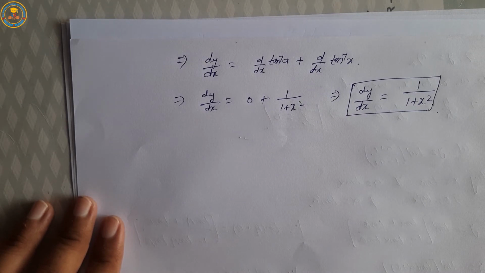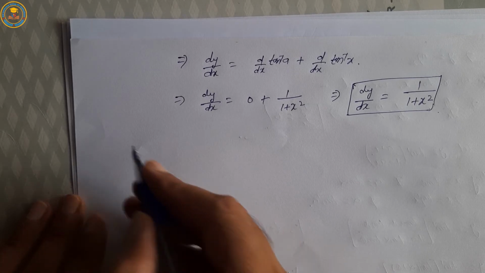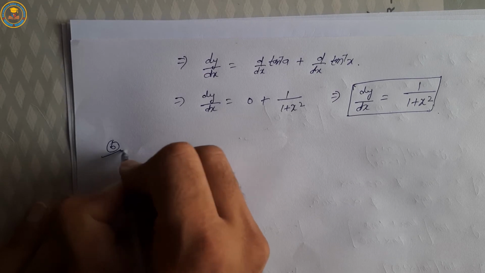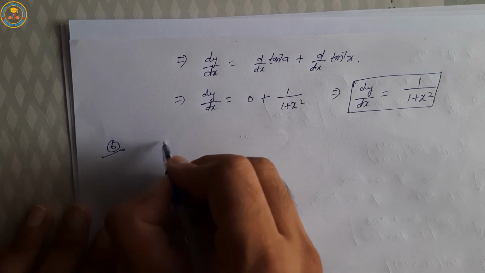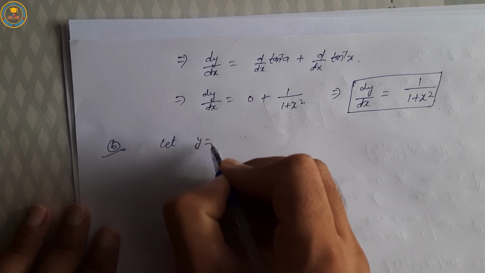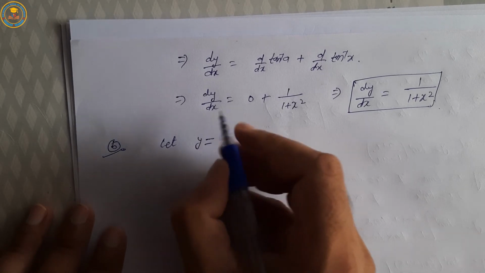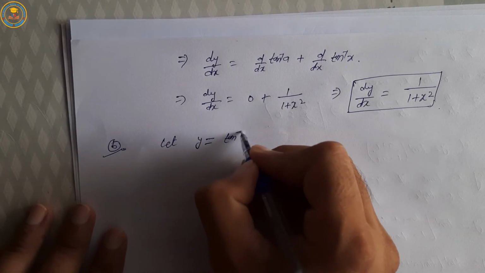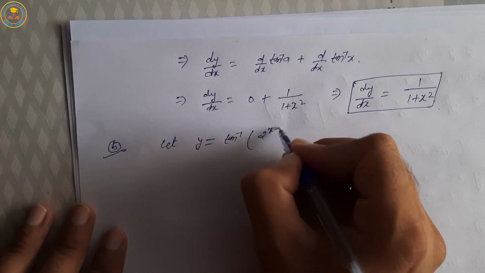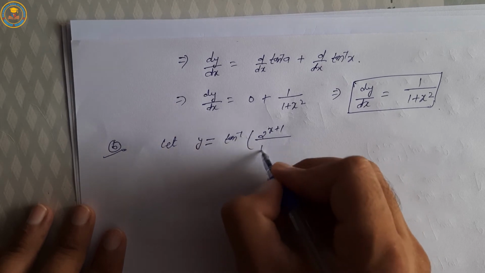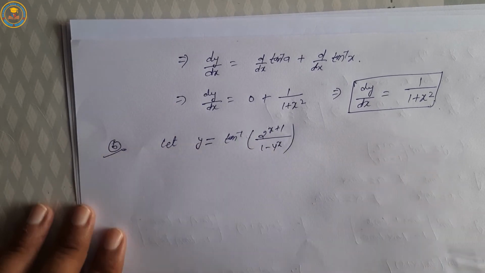Okay, next question, part b. Let y is equal to tan inverse of (2 power x plus 1) upon (1 minus 4 to power x).